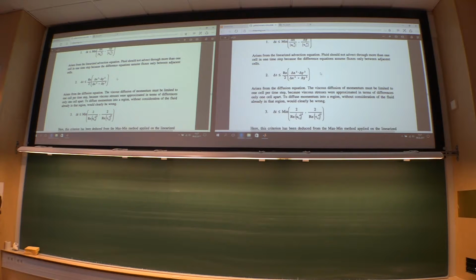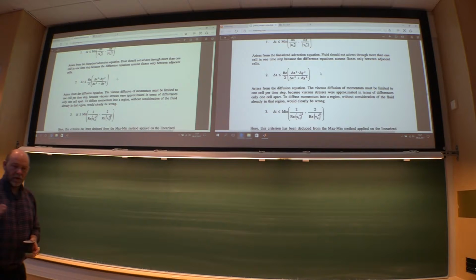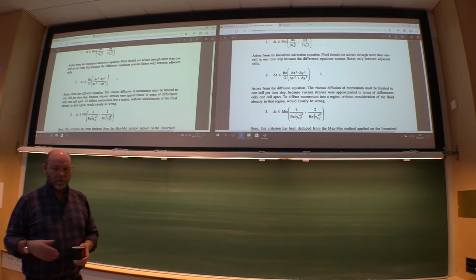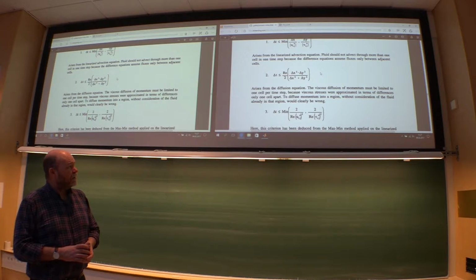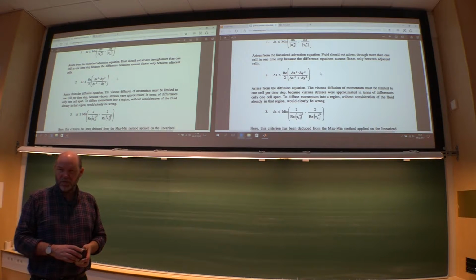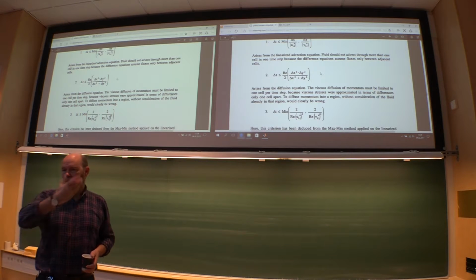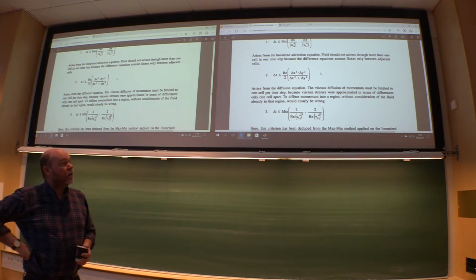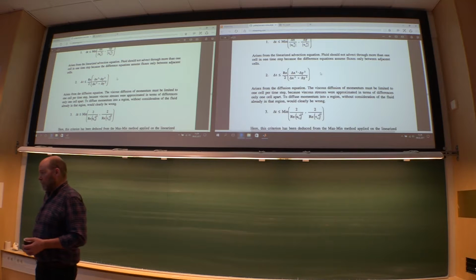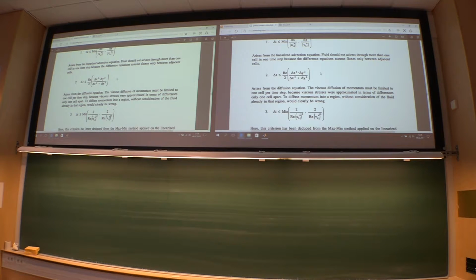So again, the demand here says we are only taking the neighbor cells into account. If you're going to have some diffusion effects from the next cell, then it doesn't cover it. So that demands a small delta t here.